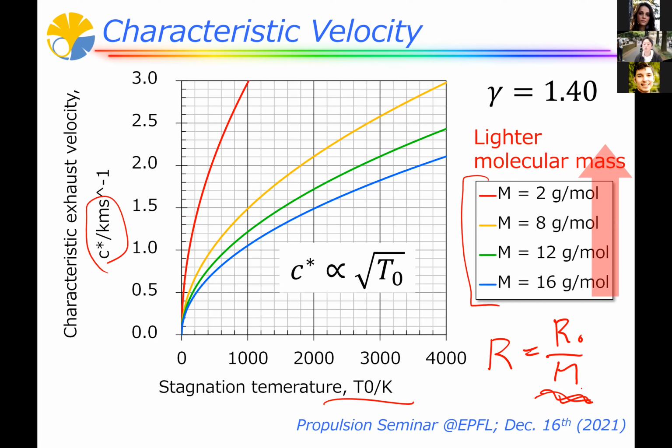If you use a lighter molecular mass gas, this c star is increased like this. This is the main reason why we want to use lighter molecular weight gas for our rocket propulsion system.